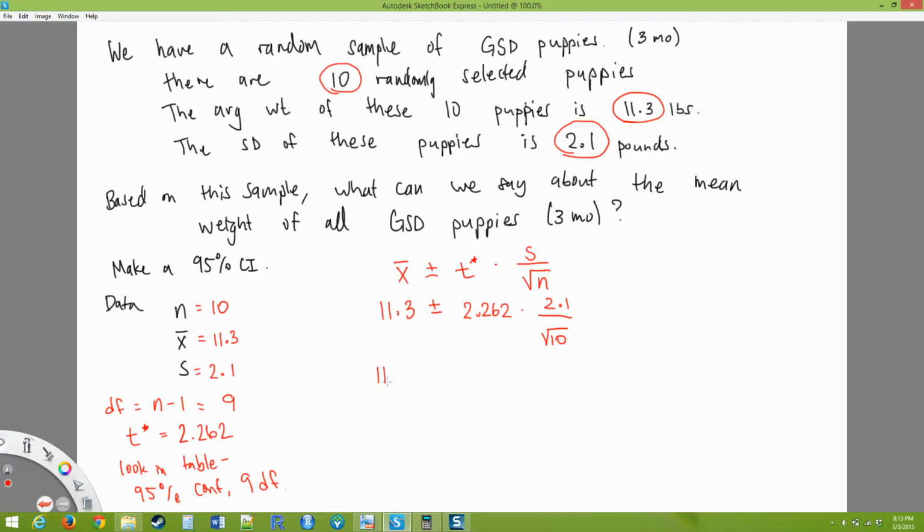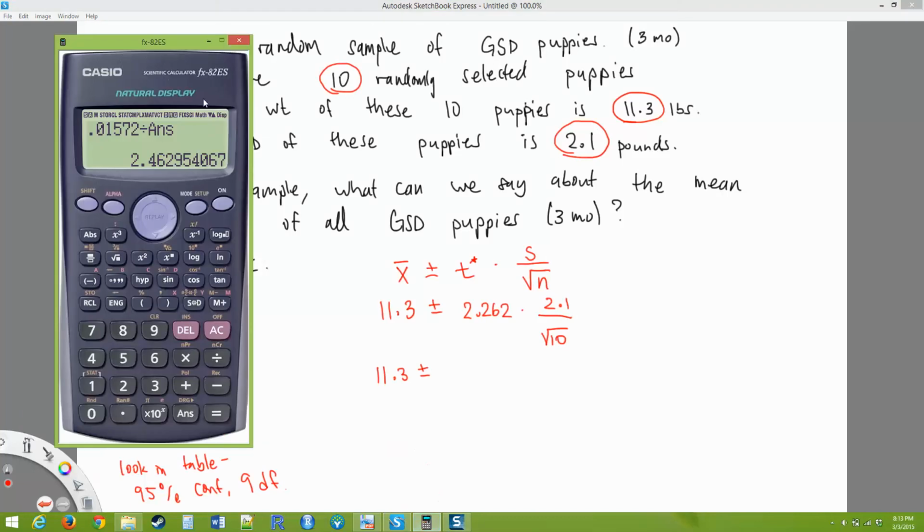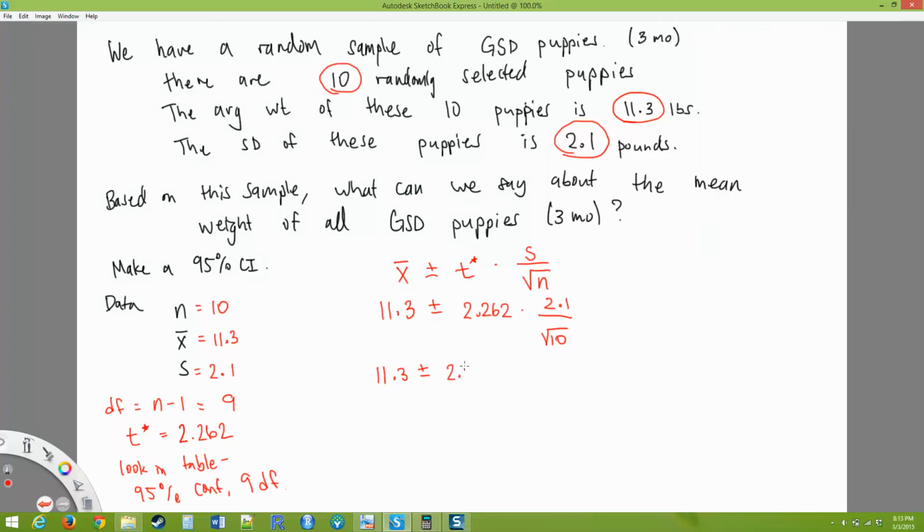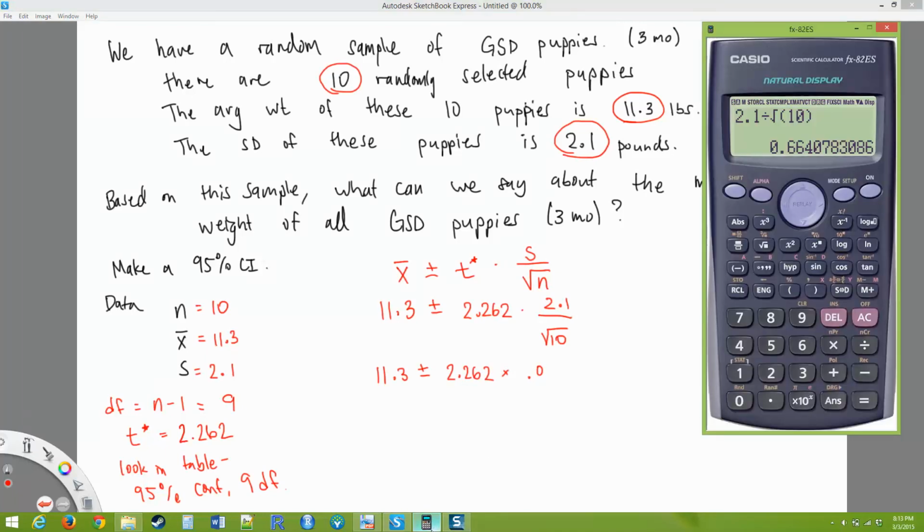Okay, and so now it's just plugging this into your calculator: 11.3 plus or minus, and I'm going to do this work over here. 2.1 divided by the square root of 10, and I get 0.6641.